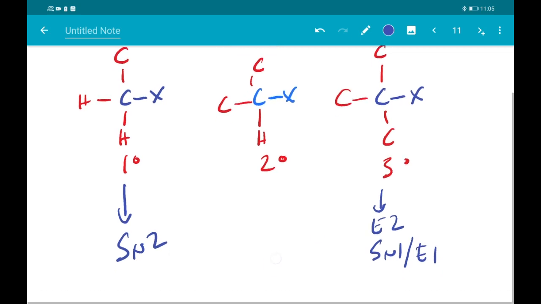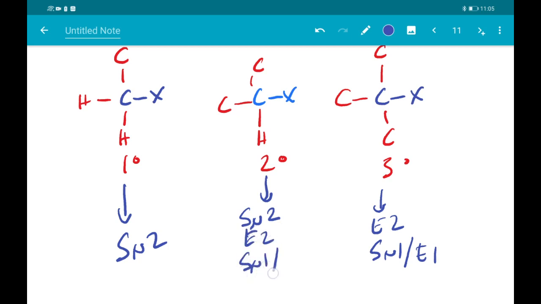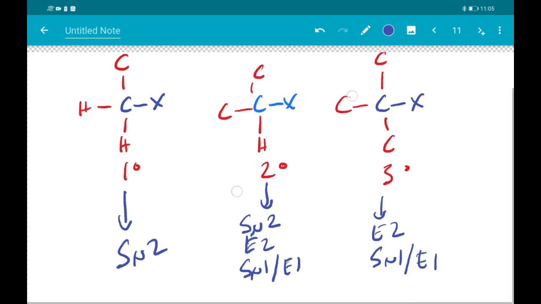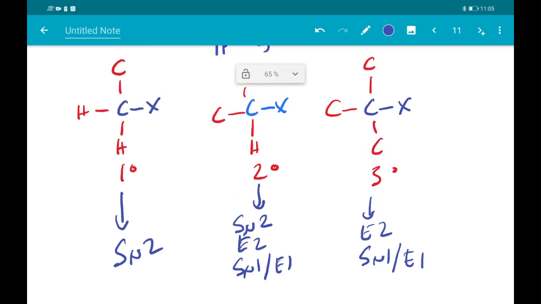It's a little bit tricky to deal with the secondary because for the secondary, it has this option, which is it can also happen SN2, E2, SN1 or E1. Okay, from earlier, again, by using the type of alkyl halide, you can predict which reaction will occur for the substitution or elimination.